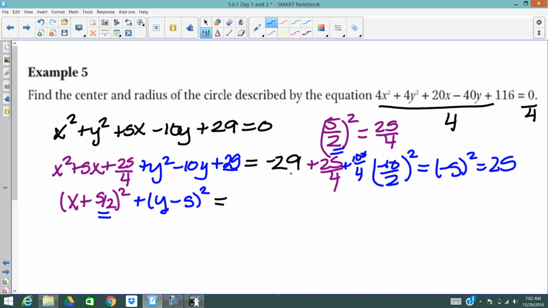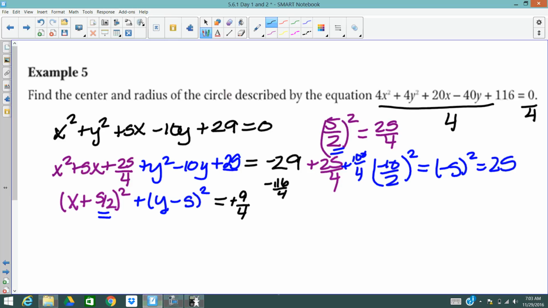When I convert that it's really negative 116 over 4. So 25 plus 100 is 125, so that's positive 9 fourths. When I add negative 116 over 4 plus 25 over 4 plus 100 over 4.